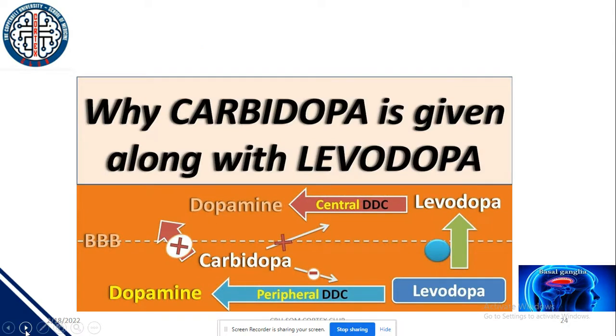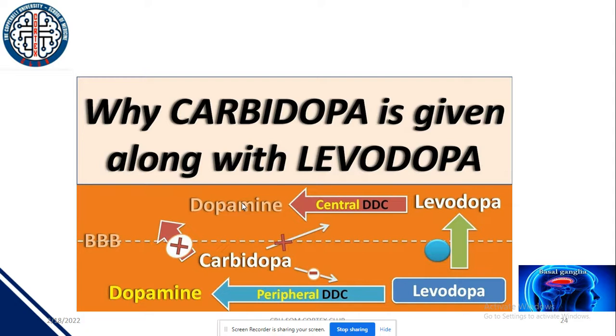Now, we said levodopa is usually given along with carbidopa. Why is that the case? Levodopa, I think you can see here, has to be converted to dopamine. Now, there are two things here. We have the peripheral as well as the central.